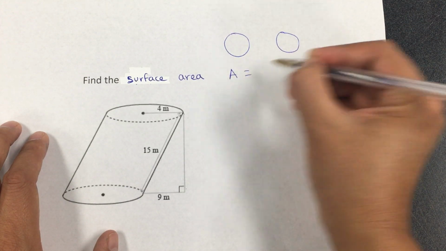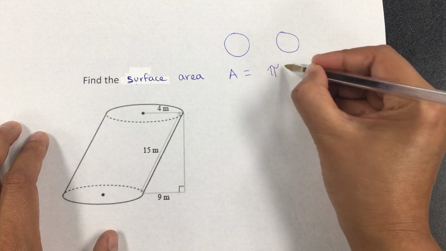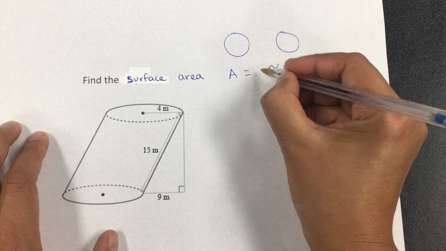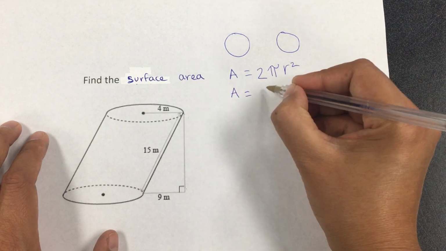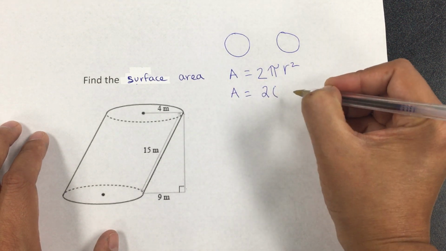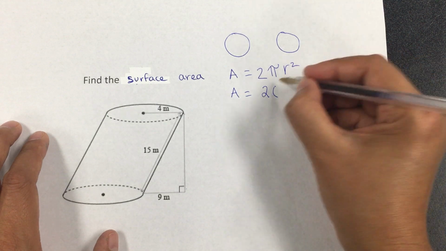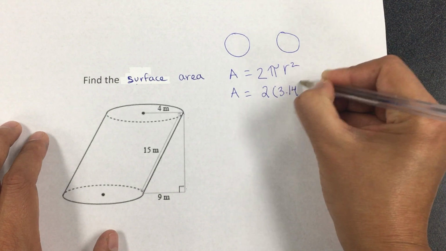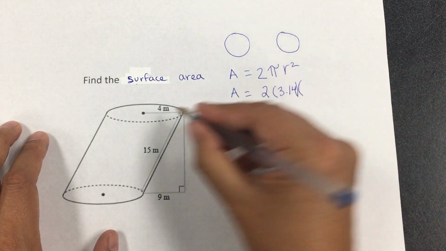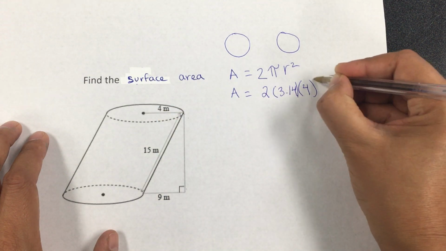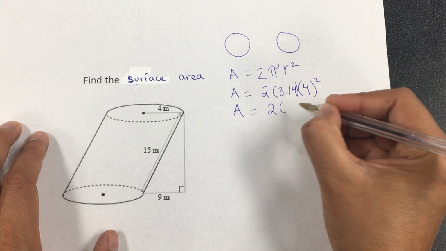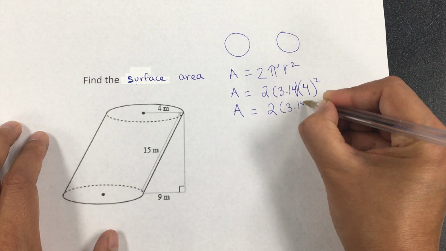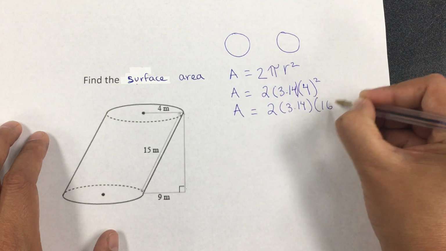And so its area is equal to pi r squared, but we have 2 of those, so I'm going to multiply by 2. And so the area is equal to 2 times 3.14 times the radius, which is 4 squared. So it's 2 times 3.14 times 16.